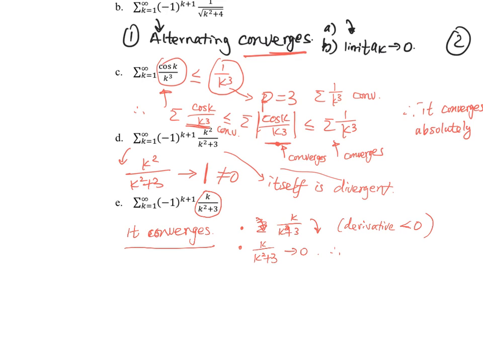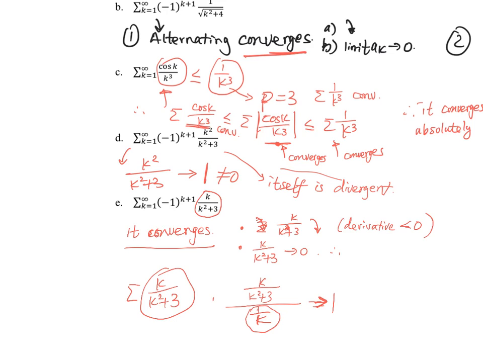therefore it converges. If we look at its absolute value, which is this, and again using a quick limit comparison test, you can compare that with 1 over k, and you can see the limit is 1. The limit is approaching 1, okay?